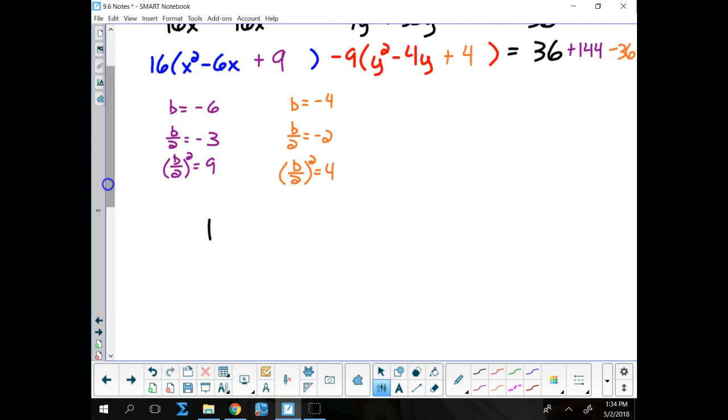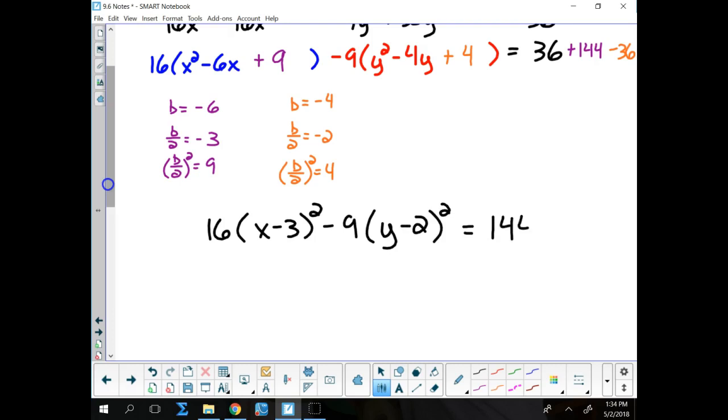So then this becomes 16 times the quantity x minus 3 squared minus 9 times the quantity y minus 2 squared is equal to 144. Hyperbolas are equal to what? 1.